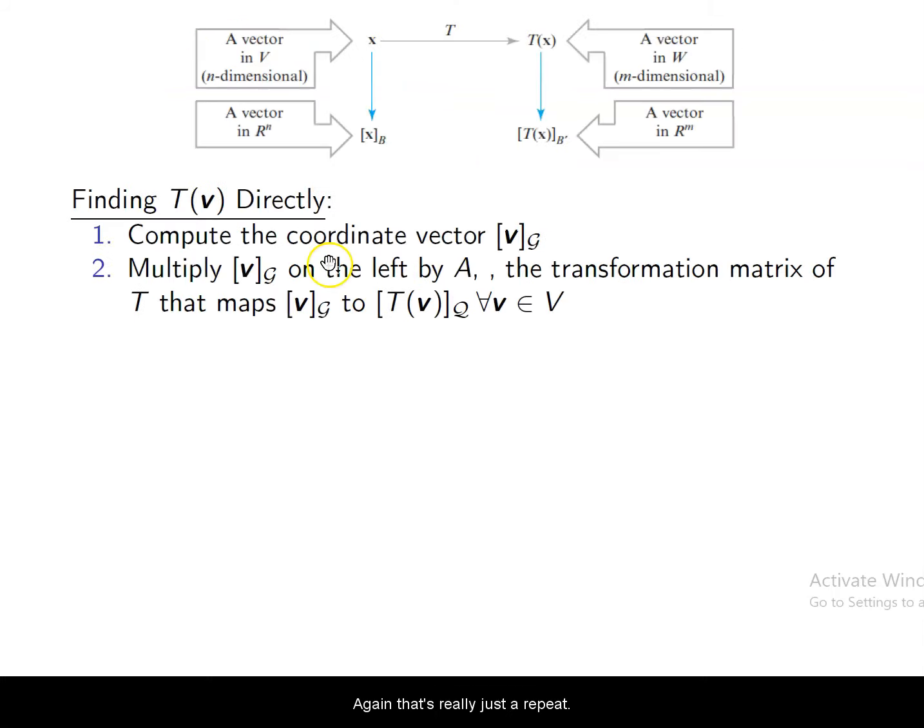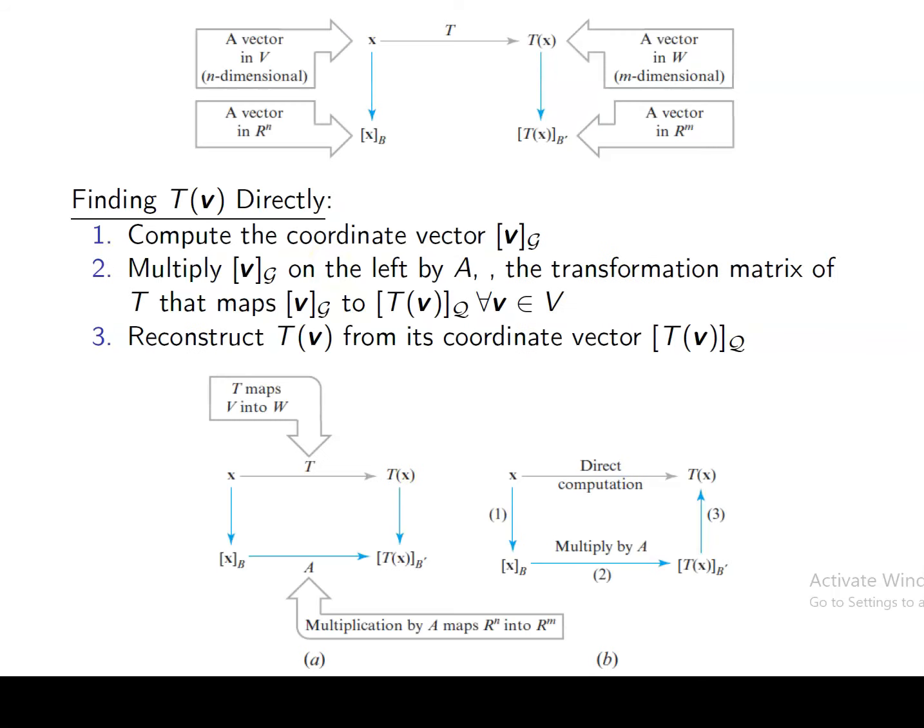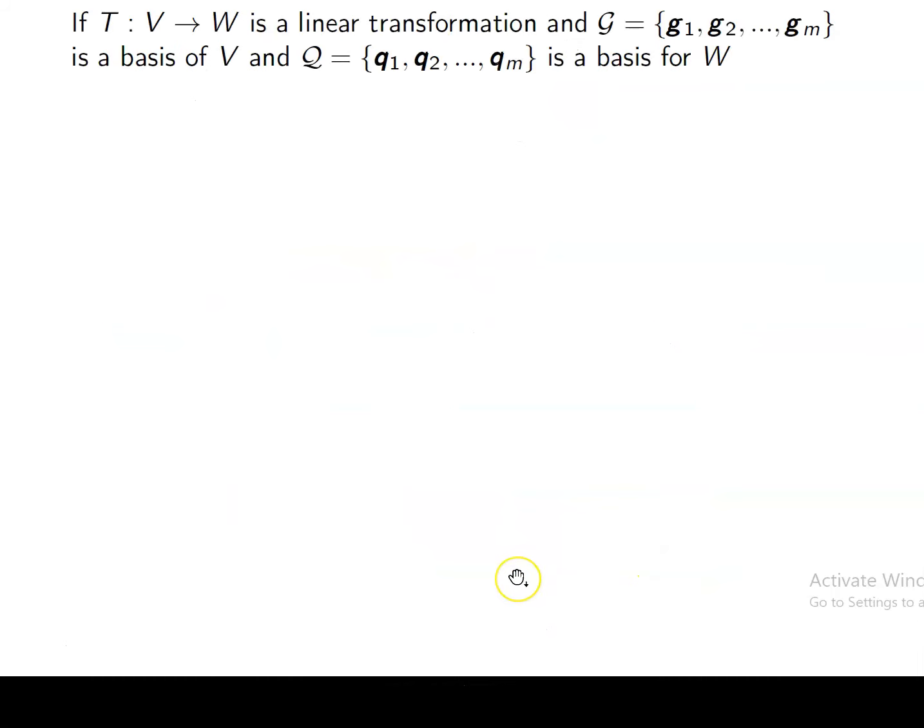Okay, so again, that's really just a repeat of this. You take your vector, you write it in terms of your basis, you transform it by A, so that's A times this thing.